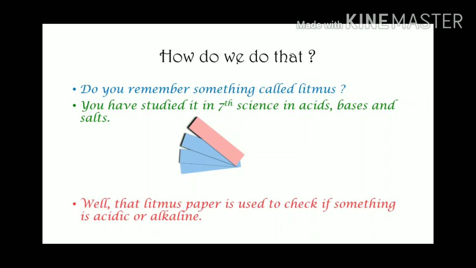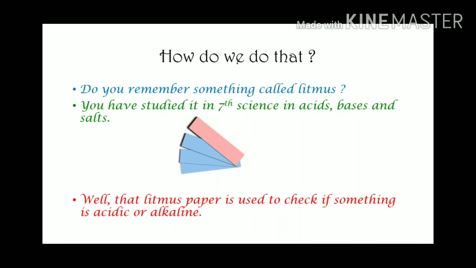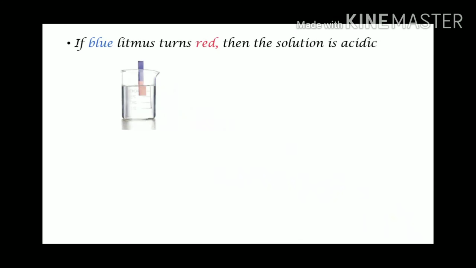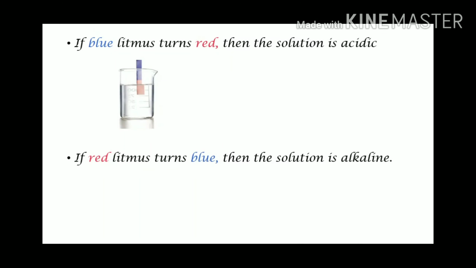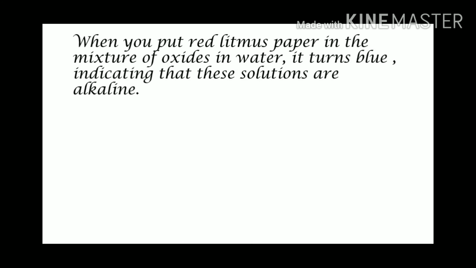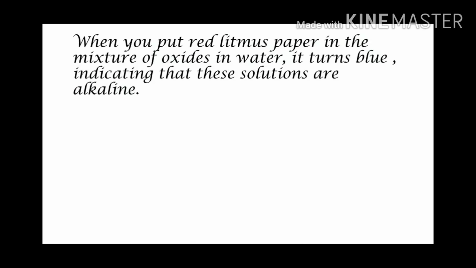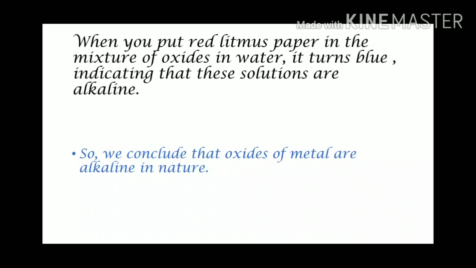That litmus paper is used to check if something is acidic or alkaline. If blue litmus turns red, then the solution is acidic. If red litmus turns blue, then the solution is alkaline. When you put red litmus paper in the mixture of oxides in water, it turns blue, indicating that these solutions are alkaline. So we conclude that oxides of metal are alkaline in nature.